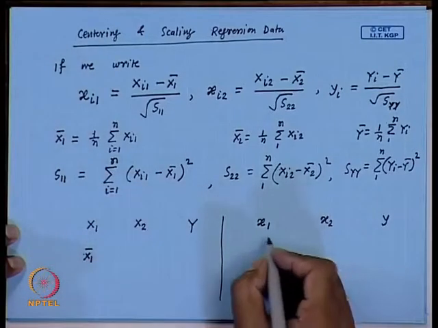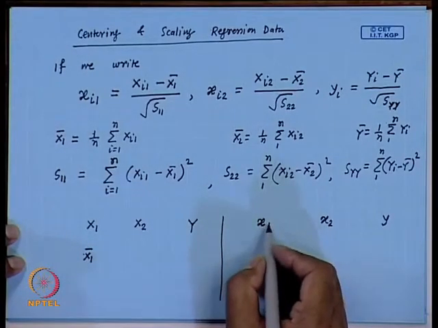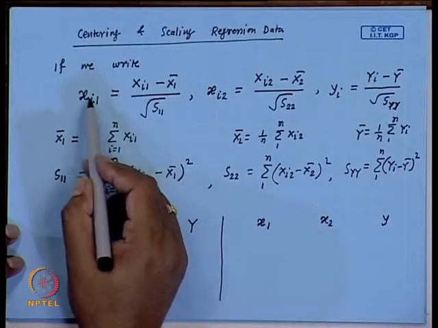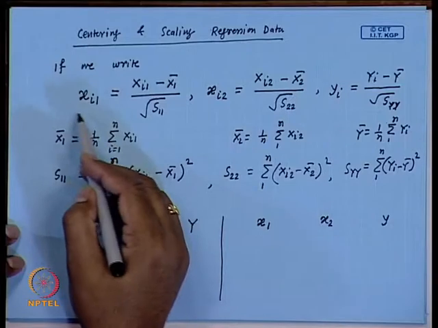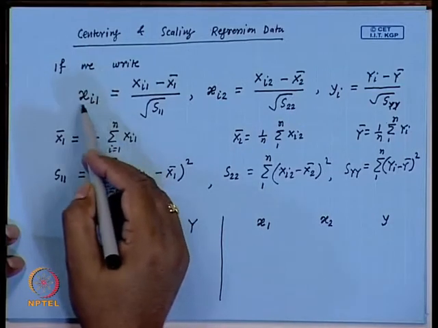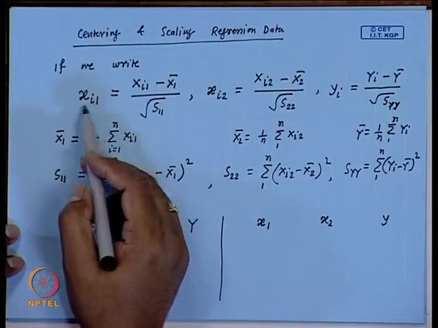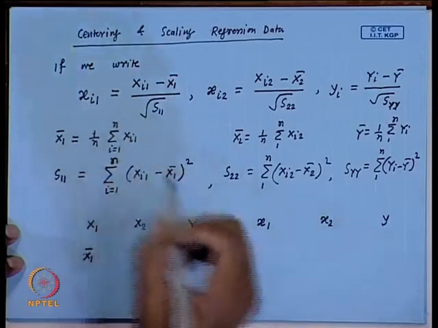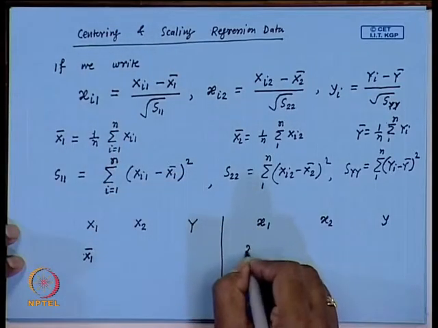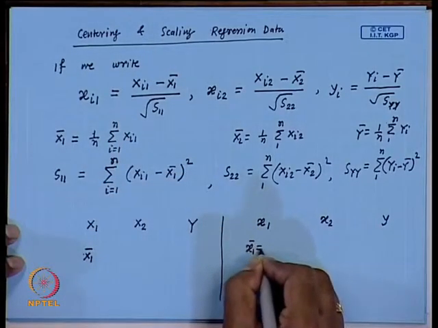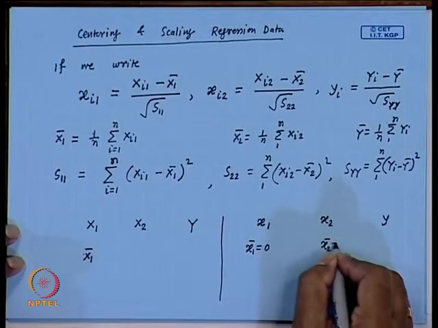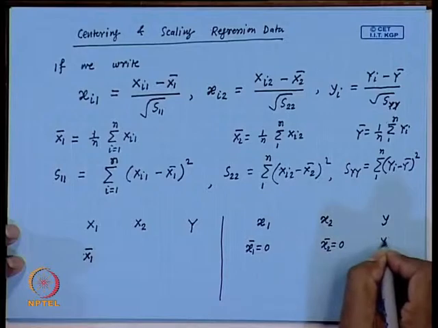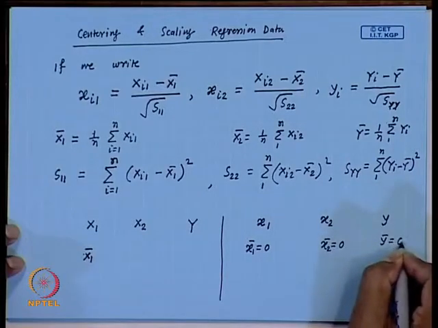Well, but here, if you take the mean of the transformed data, the mean of small x_i1 is always equal to 0. So, here x1 bar is equal to 0, similarly x2 bar is also equal to 0 and y bar is also equal to 0.